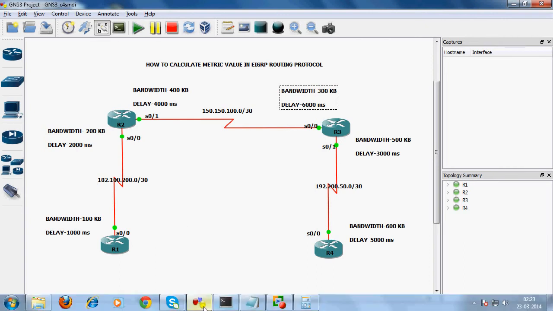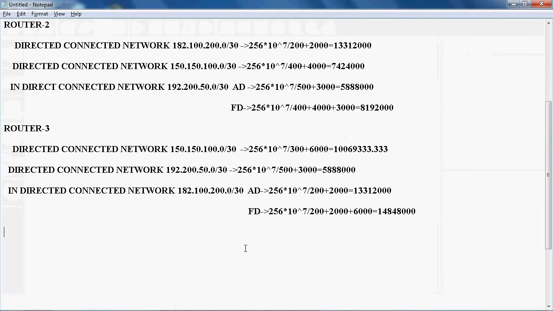Okay, now we go to the R4 router. We can find out the metric value.